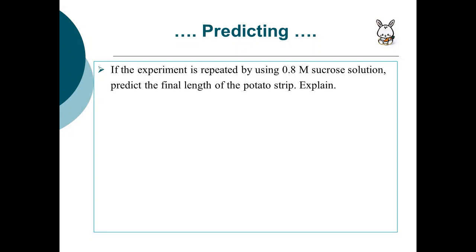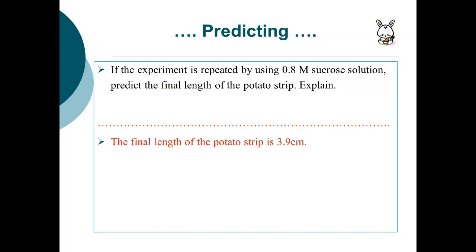Yes, the final length of the potato strip decreases. So we can write it this way. The final length of the potato strip is 3.9 cm. And we have to give a reason. We have to explain.